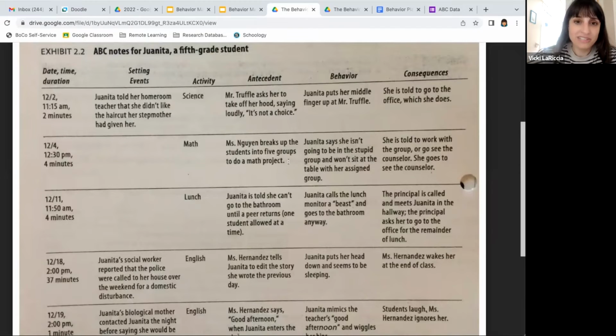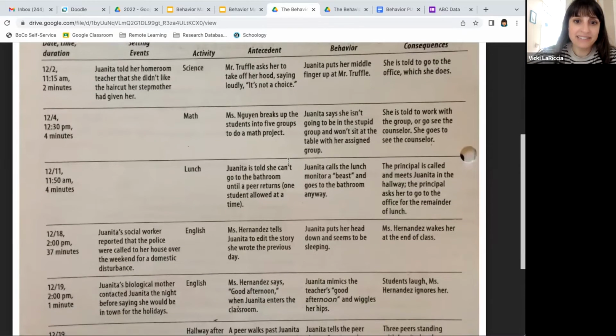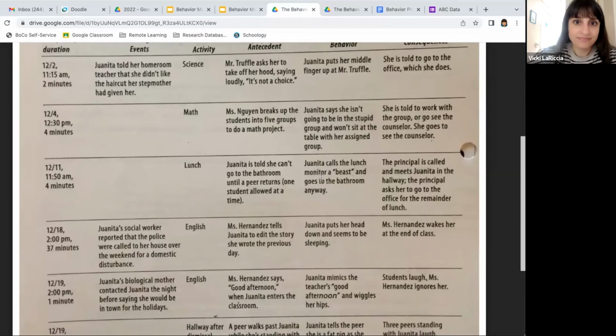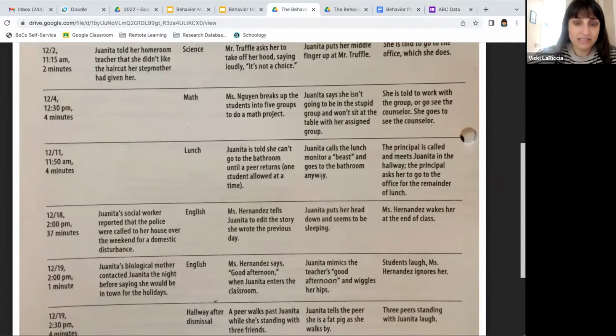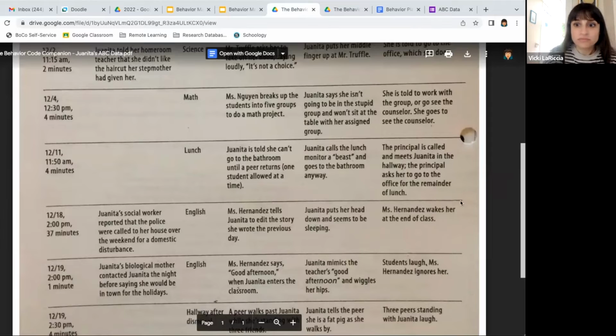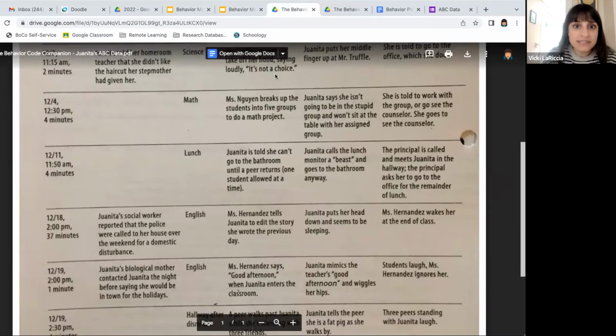So put it in the chat. Are there any patterns in the antecedents? And I can scroll a little bit. So Monique says teacher demand. So how many times is there a teacher demand? So let's see.